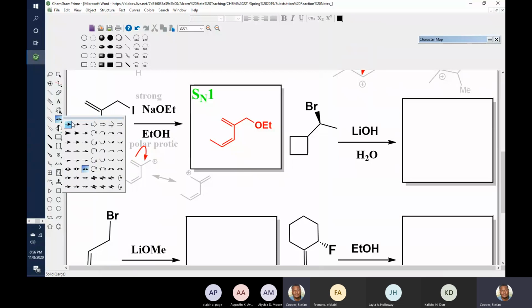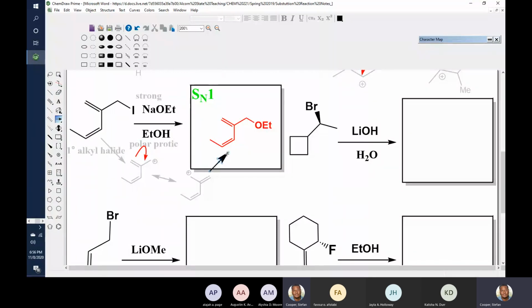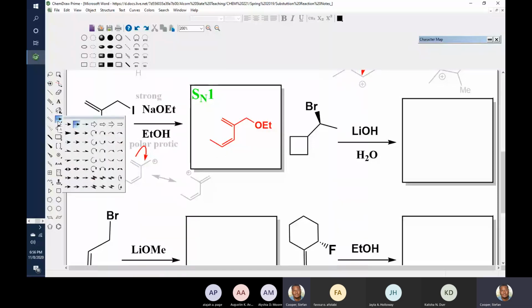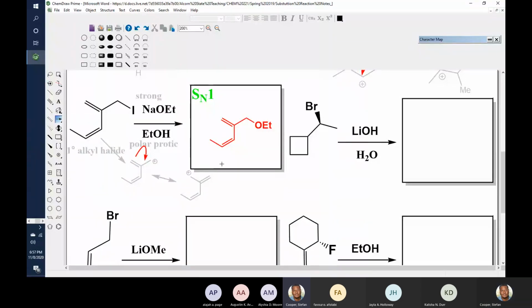But the main reason is this: a primary alkyl halide typically would not do an SN1 reaction unless there's a rearrangement or resonance present. So the resonance here just allows this carbon cation to form. It's not localized on one carbon, it's delocalized on how many carbons? Two carbons, right? So this forms a primary carbon cation that has resonance delocalization to help stabilize it before the nucleophile comes in and generates a final product.